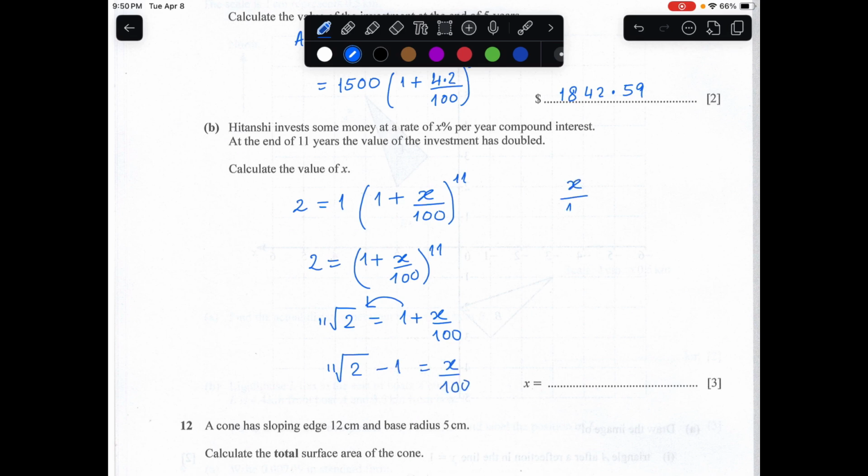If I work out the 11th root of 2 minus 1, on your calculators you have to take the 11th root. Let me see. I can see only the cube root on my calculator.